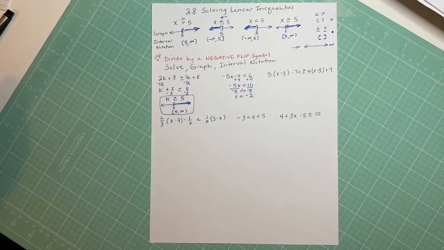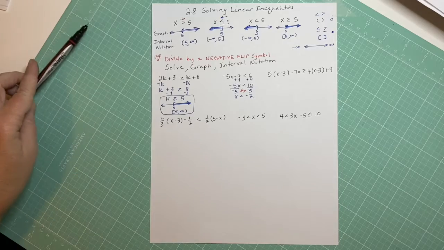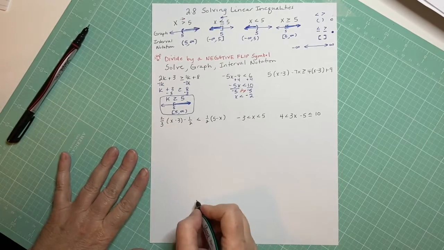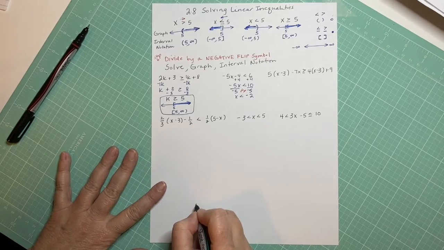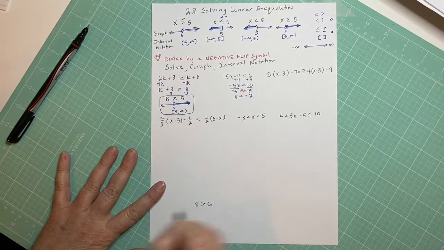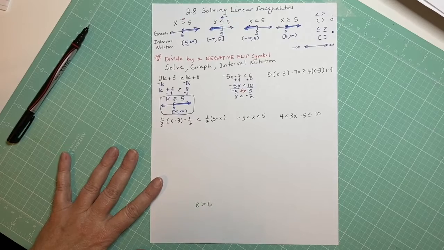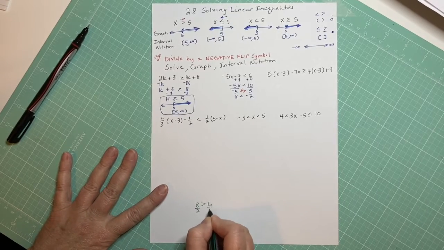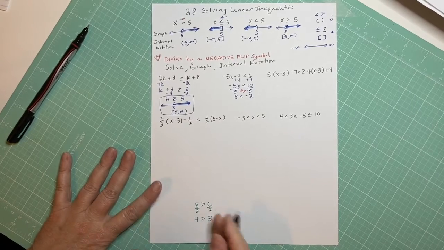So before we go on from there, I didn't leave myself a lot of room, but let's look at it down here. I want to show you why you flip the symbol. So if I said 8 is greater than 6, everybody, I think, would agree that that's the truth. And if I divide by a positive 2, I end up with 4 is greater than 3. Still a true statement.